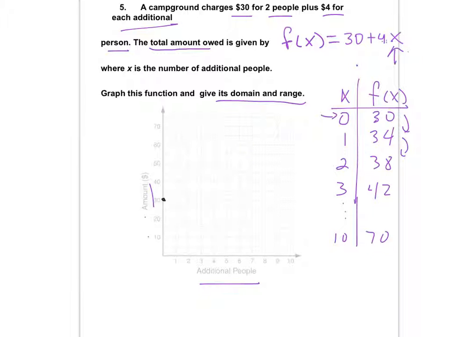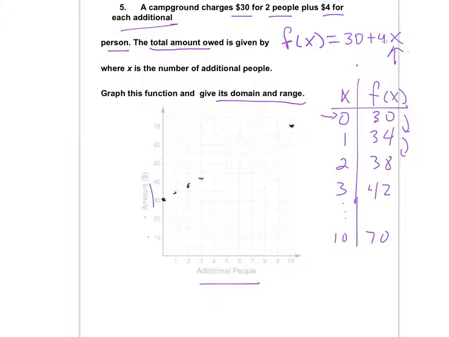Then for one person, it'll cost 34, so we'll put an estimate right there. For 2 additional people, it's going to be about 38, so about in the middle. And then finally, as you notice, for 3 additional people, it'll go up to 42. So notice how it's pretty linear right here. And if I go all the way up to 10 people, that's going to be about 70, so it's going to be about right there.